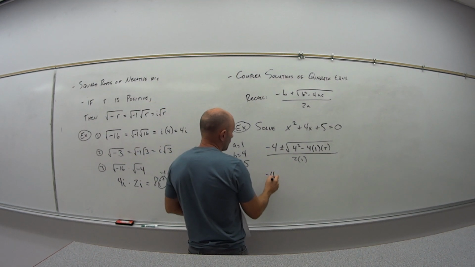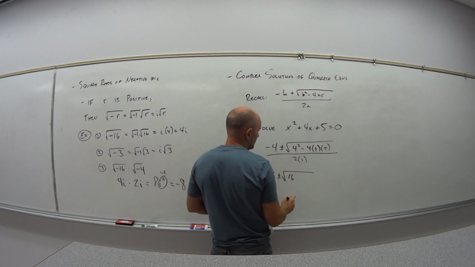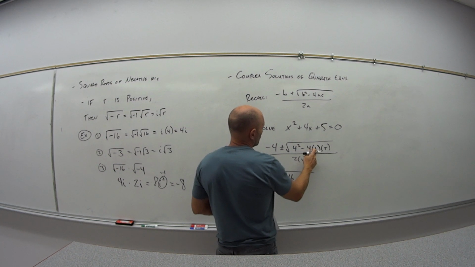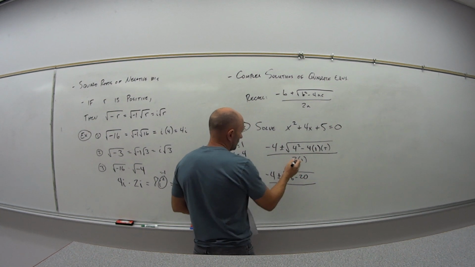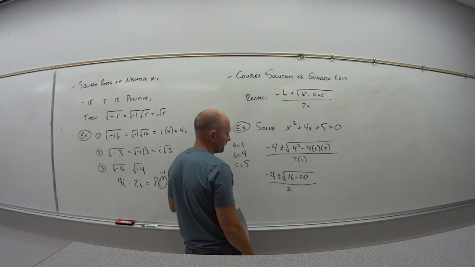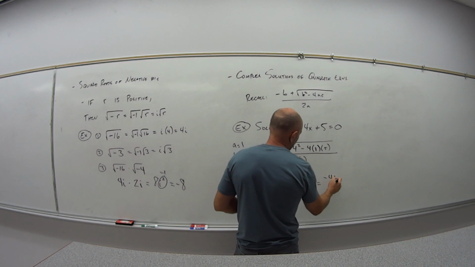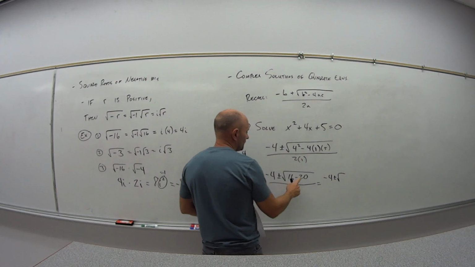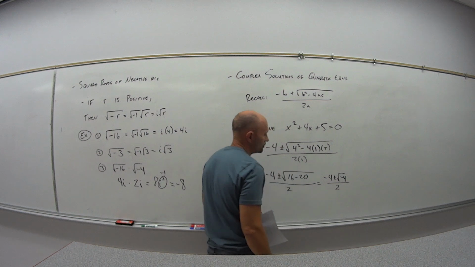Negative 4 plus or minus the square root of 4 squared, which is 16, minus 4 times 1 times 5, which is 20, all over 2. This is negative 4 plus or minus the square root of 16 minus 20, which is negative 4, all over 2.